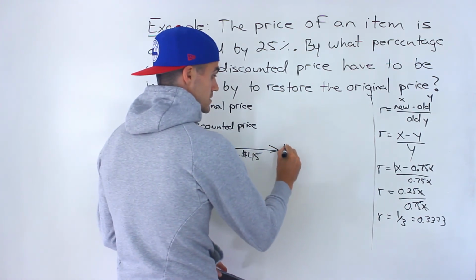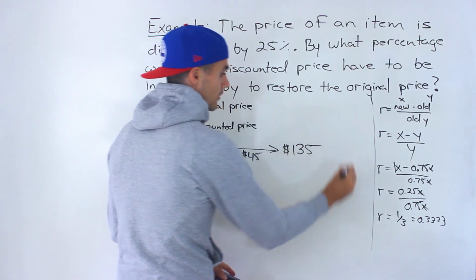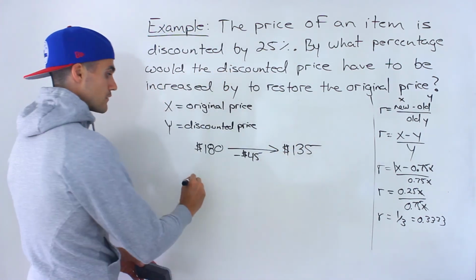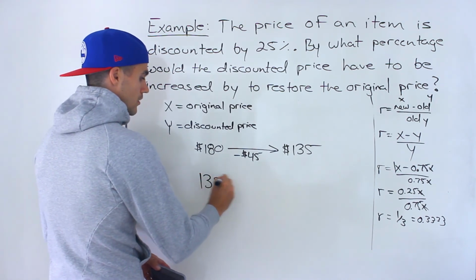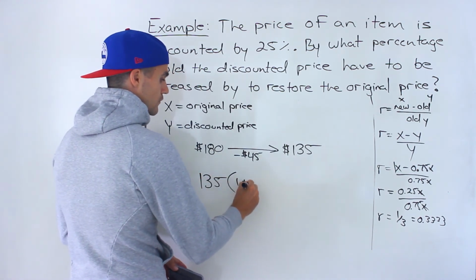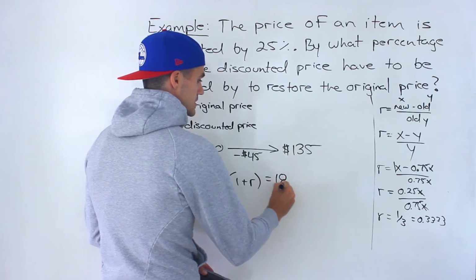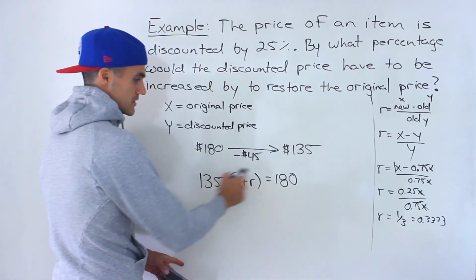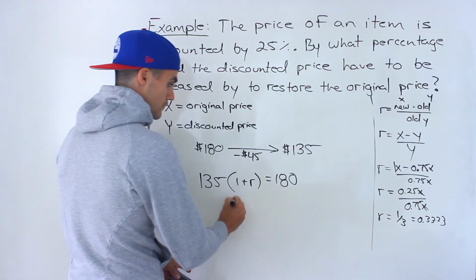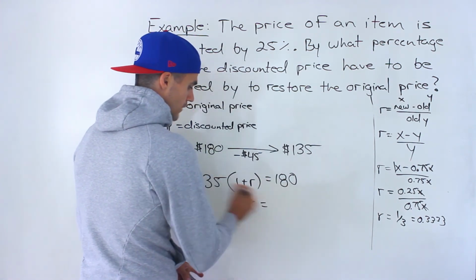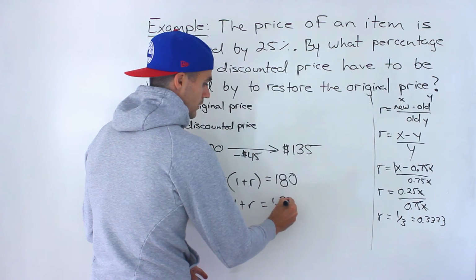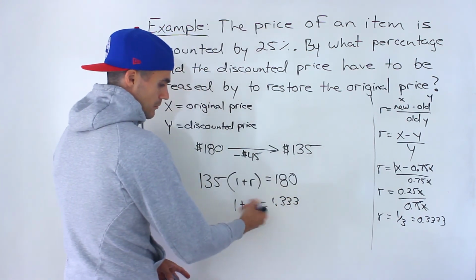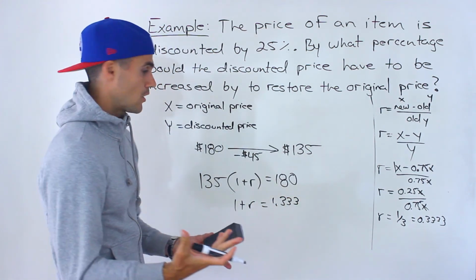So the discounted price is going to be 135. And now we've got to figure out by what amount we grow 135 to get to 180. When you divide 180 by 135, that will give you 1.333, minus the 1, and you get that same r value.